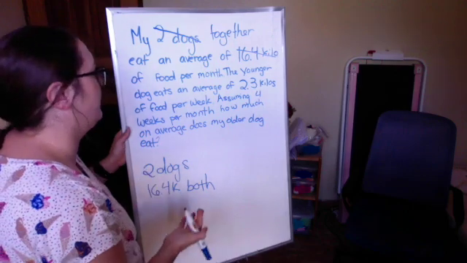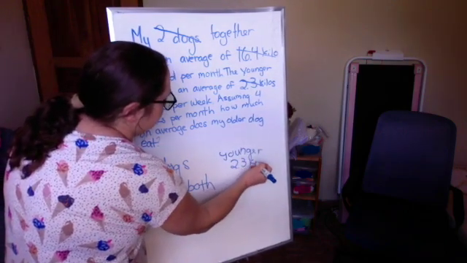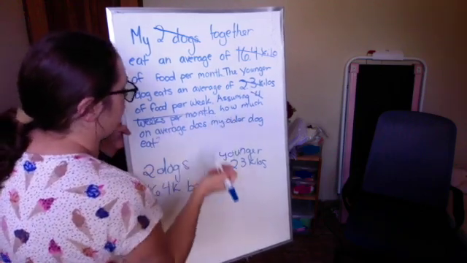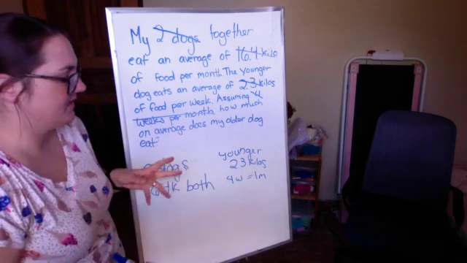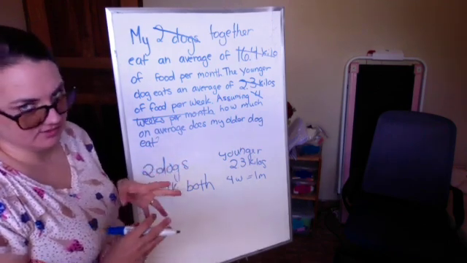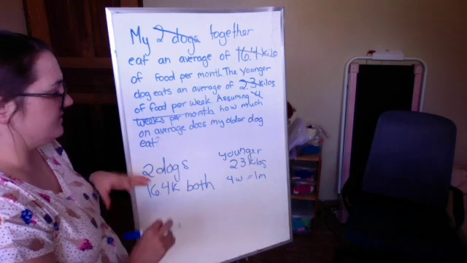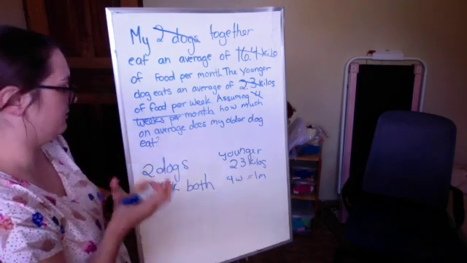We're not just pulling them out. Younger, 2.3 kilos, and I'm assuming 4 weeks per month. Now I'm just writing out this shorthand because my whiteboard is a little unstable. Especially when working with students who are struggling in math, it's very important that we write all of this stuff out, because this can look like algebra and confuse us with units, so we really need to make sure we're catering to that.